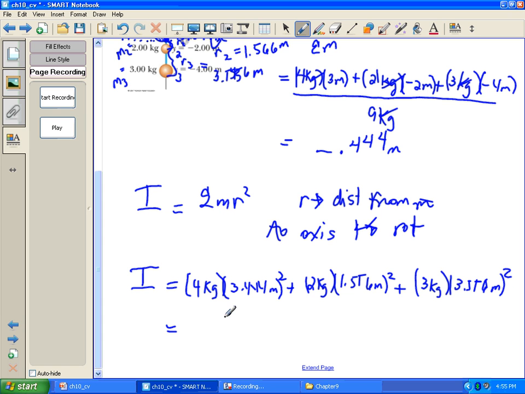And that total works out to be 90.2 kilograms times meter squared. Okay? Next problem.